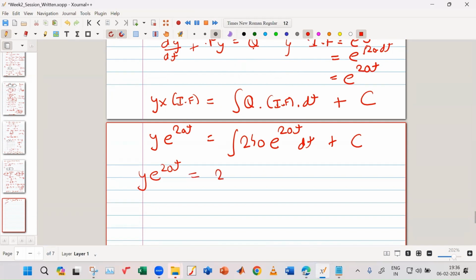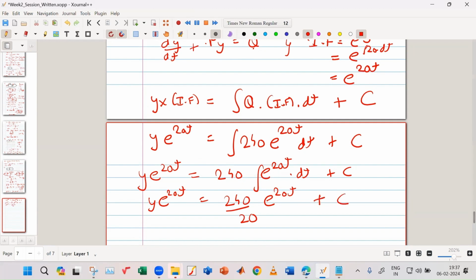So y e raised to 20t is equal to 240. What is the integration of e raised to 20t? It is e raised to 20t divided by 20, that is 1 by 20 into e raised to 20t. Plus c.